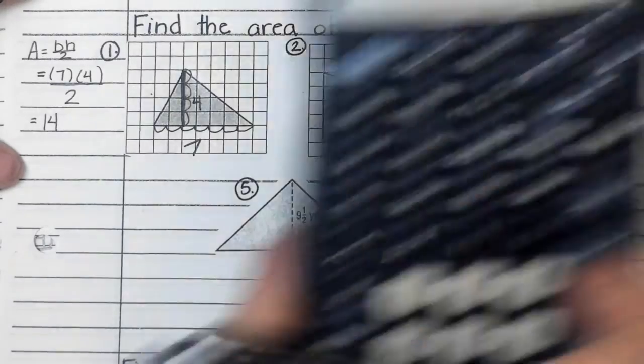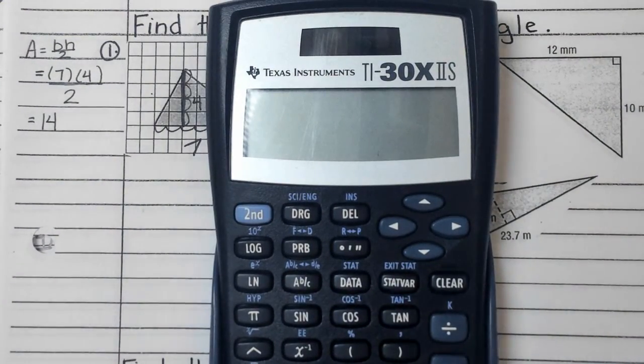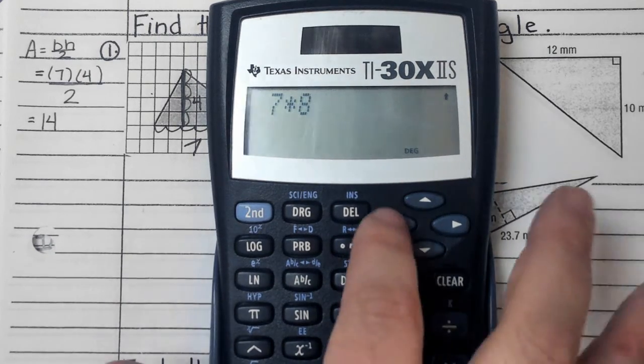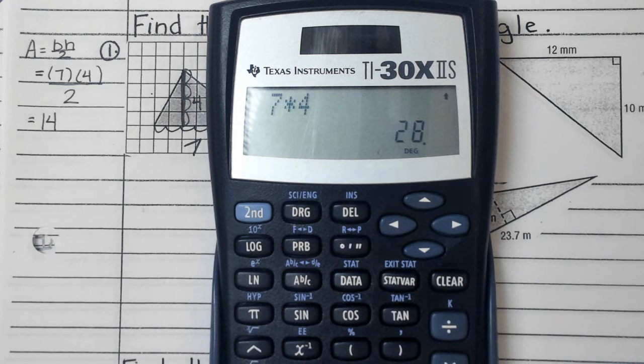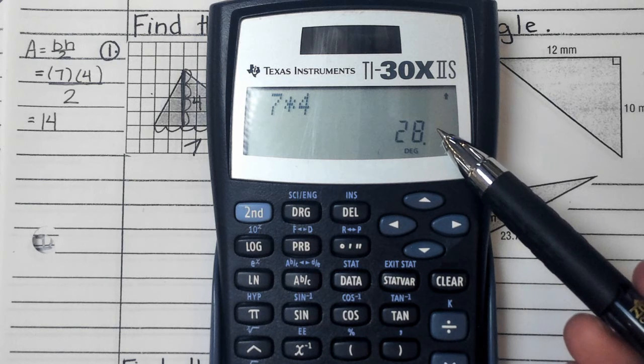All right, I do want to talk about the calculator for just a second because these calculators do some really cool things. So if I do 7 times 4, let me turn it on. 7 times 4, I get 28. Do y'all agree with that? Okay. Now what's cool about these calculators is they actually remember the last answer that was typed in. So right now, what is this answer telling me? 28. What do I still need to do though?